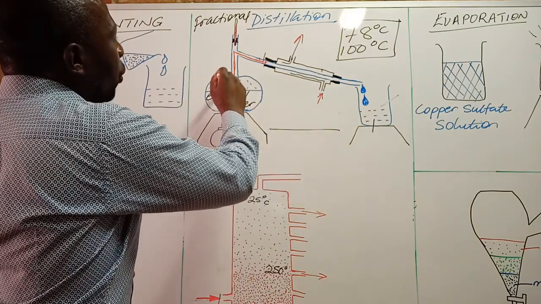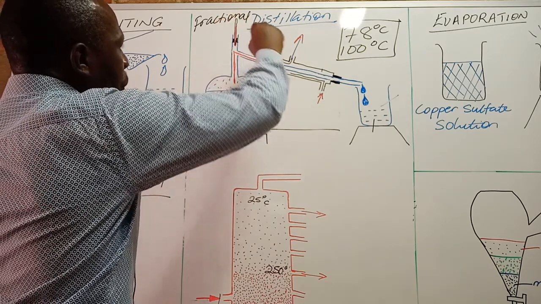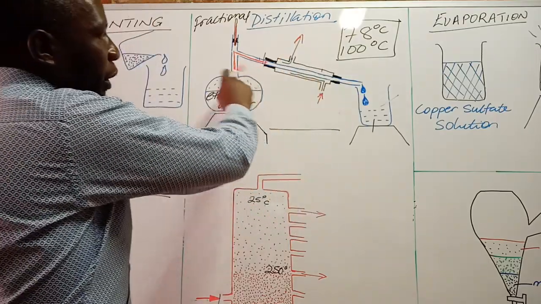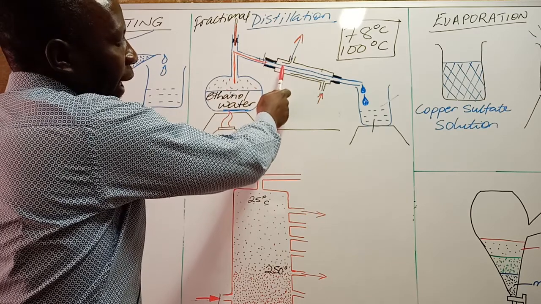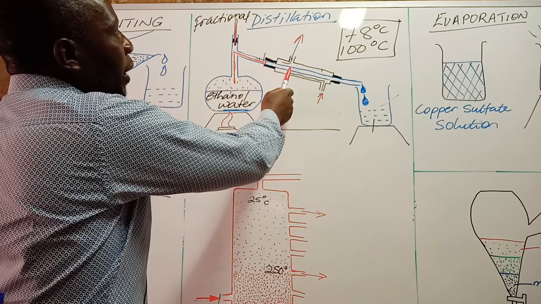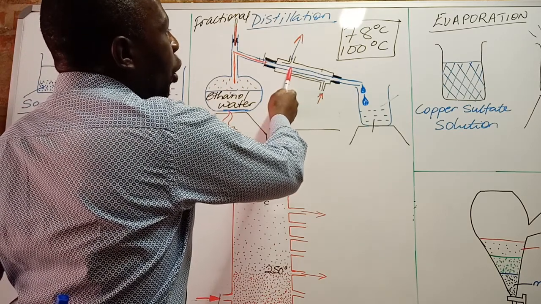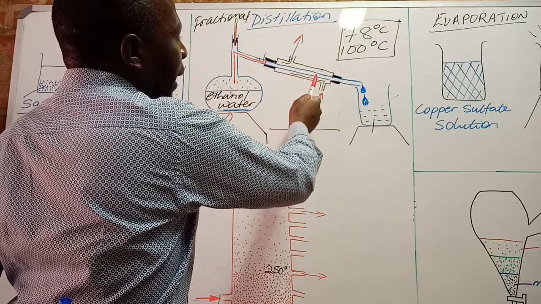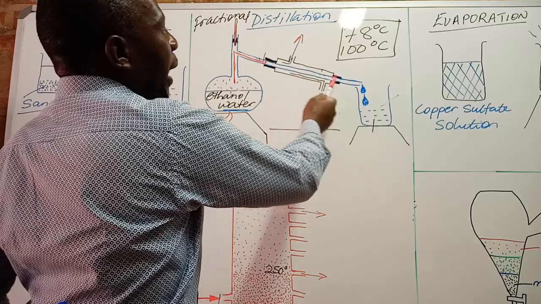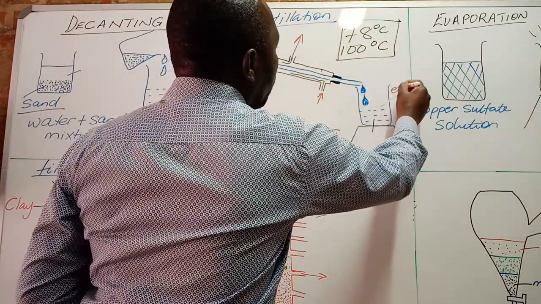As the ethanol particles escape from this apparatus, when they reach the condensing apparatus, they meet a cold temperature, and then they lose their kinetic energy, and the forces of attraction between them increase, thereby condensing, and they change from a gas state into a liquid state, and we collect our ethanol first.